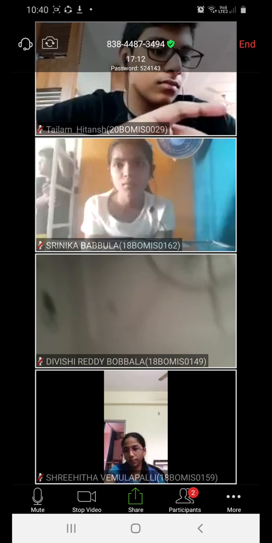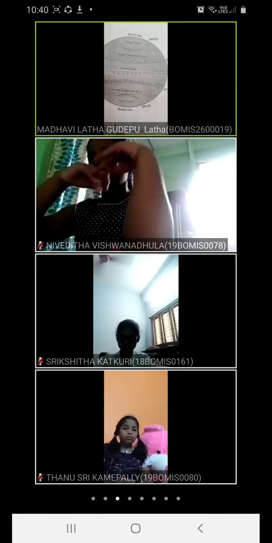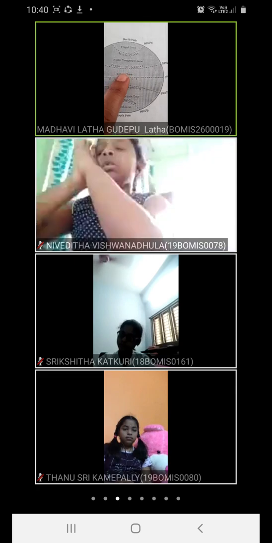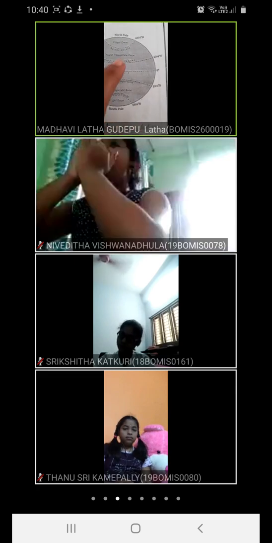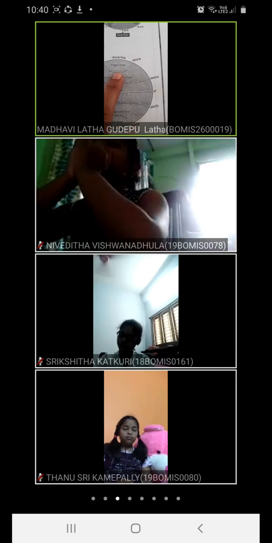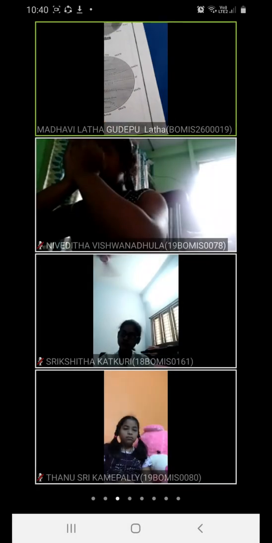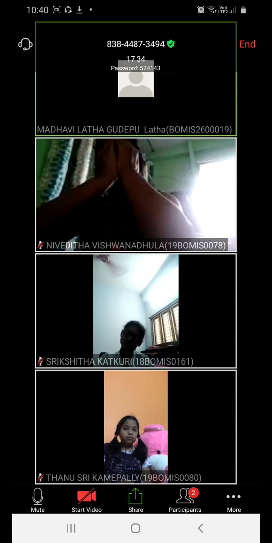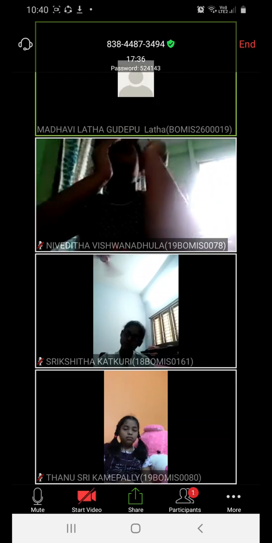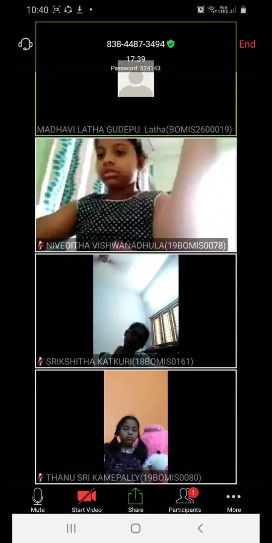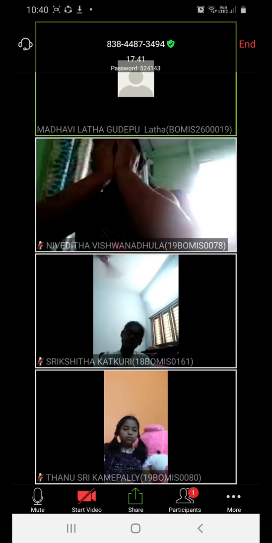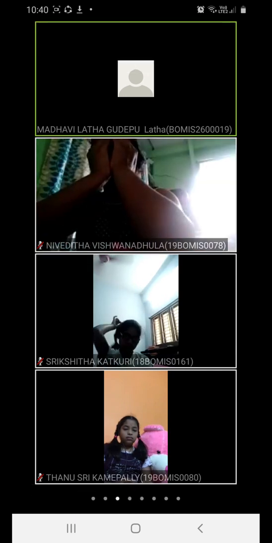Now you can see the equator which is passing through the center of the globe, dividing the earth into the northern hemisphere and the bottom one, the southern hemisphere. The equator cuts the earth into two equal hemispheres.